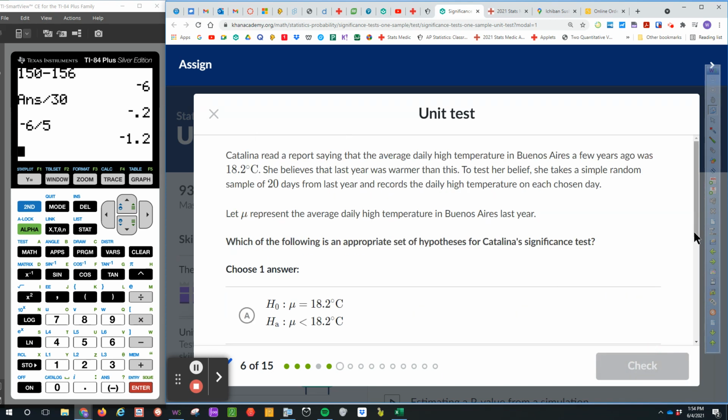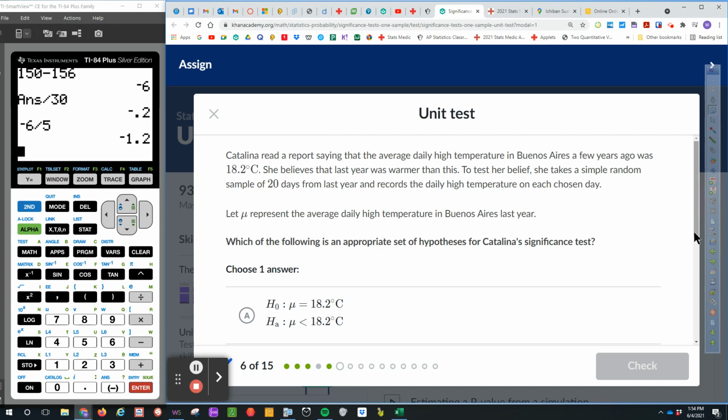So Catalina read a report saying that the average daily high temperature in Buenos Aires, which is the capital of Argentina, a few years ago was 18.2 degrees Celsius. She believes that last year was warmer than this.